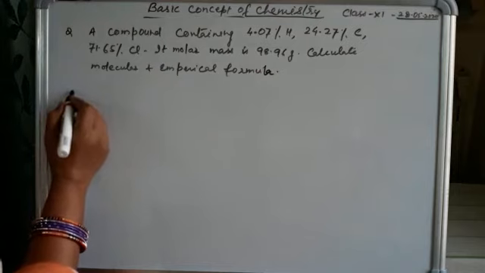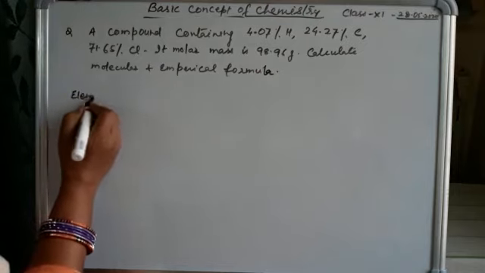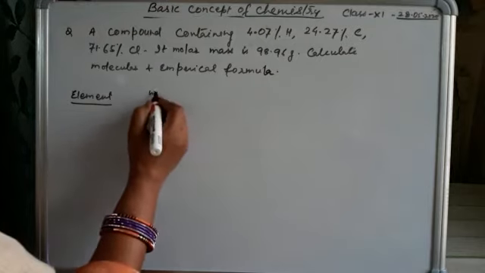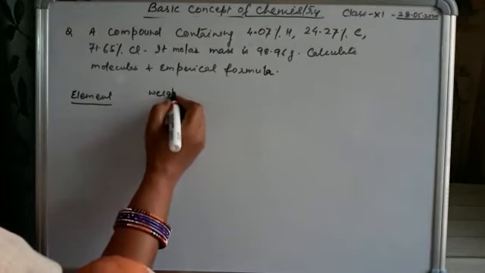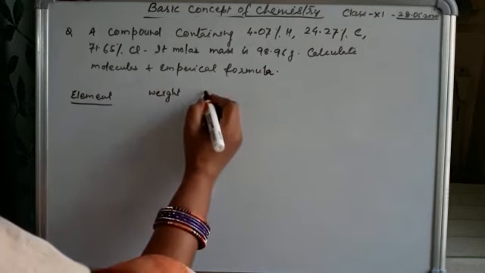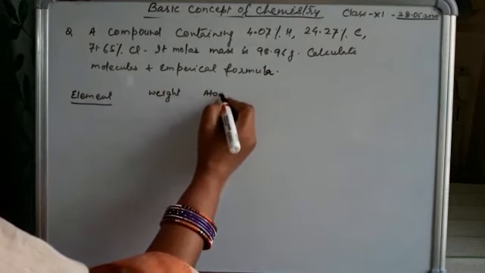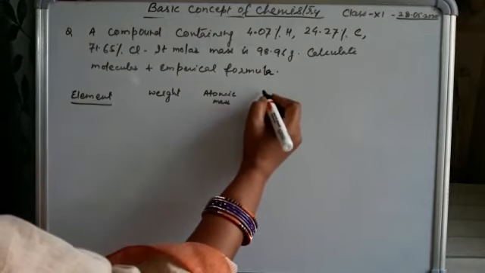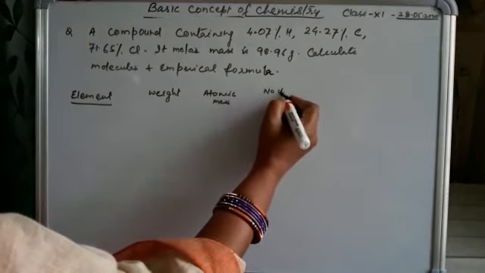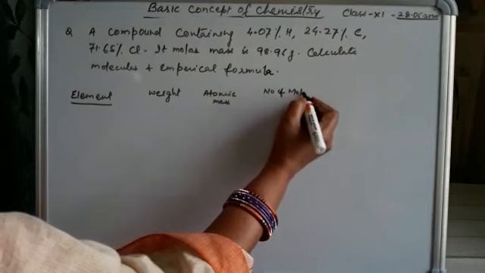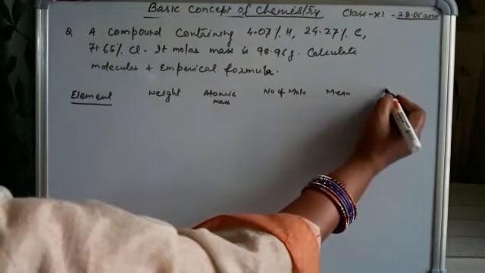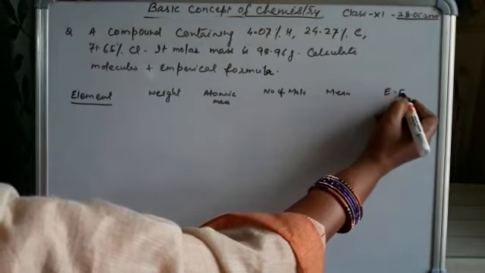At first we write the name of the element. After that, a column for weight. After that, atomic mass, then number of moles, then mean, and at last the empirical formula.